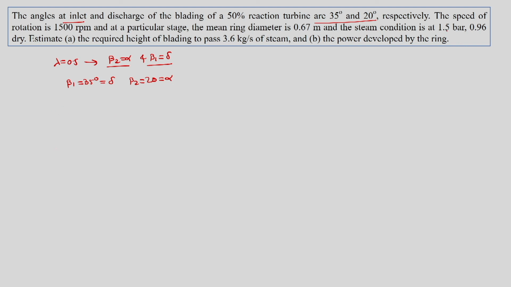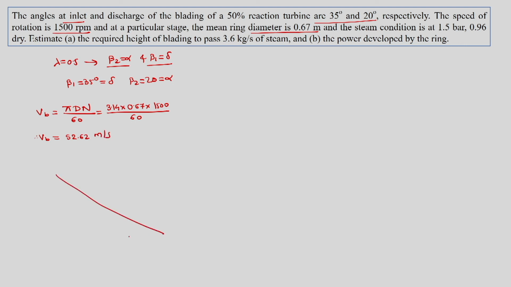We are told that the mean diameter at the height is 0.6 meter and speed is 1500, so VB is equal to pi d n divided by 60, 3.14 into d, which is 0.67, into 1500 divided by 60. So VB for us is 52.62 meters per second.